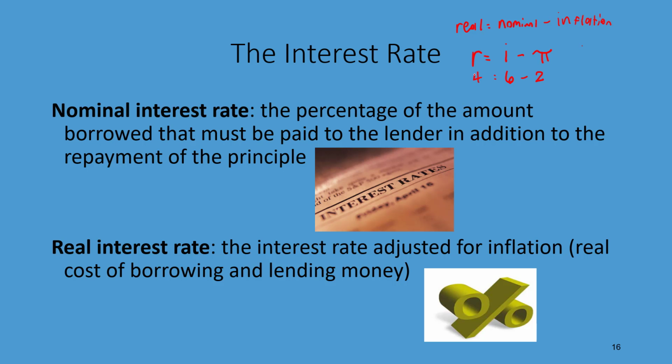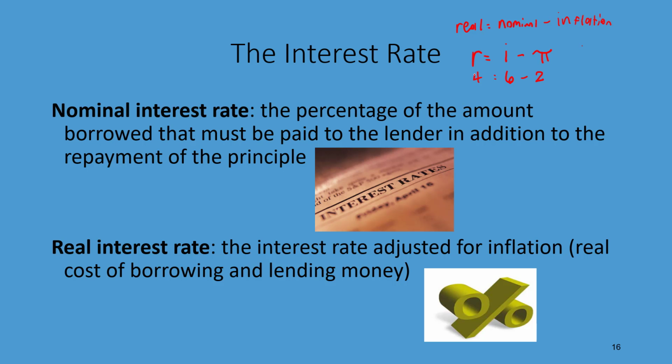Basically, what we're saying here is that let's say the bank says, hey, if you borrow $100, you've got to pay back the $100 at a 6% interest rate. So a year from now, when you pay back the $100, you might pay back $106. The $100 that you borrowed plus the 6%, or $6, in interest.